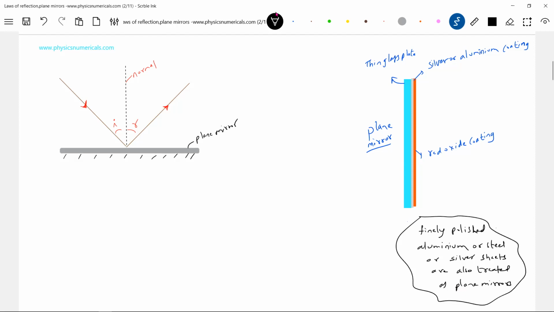Okay, fine. So this is about the plane mirror, how to construct different plane mirrors.